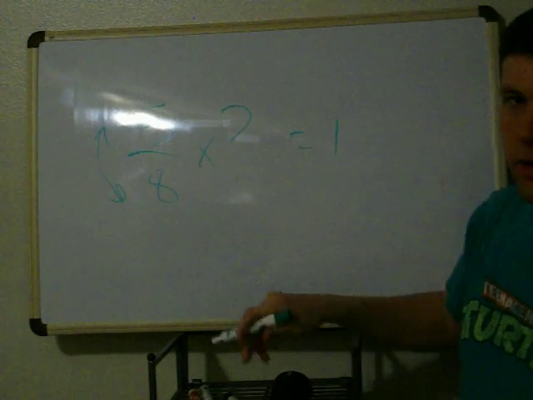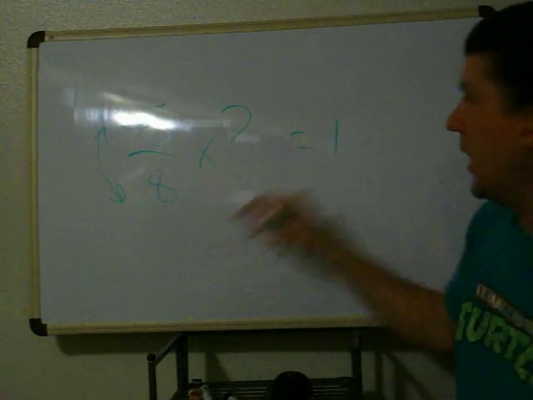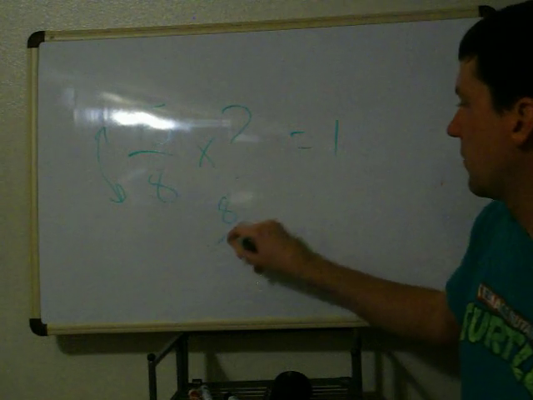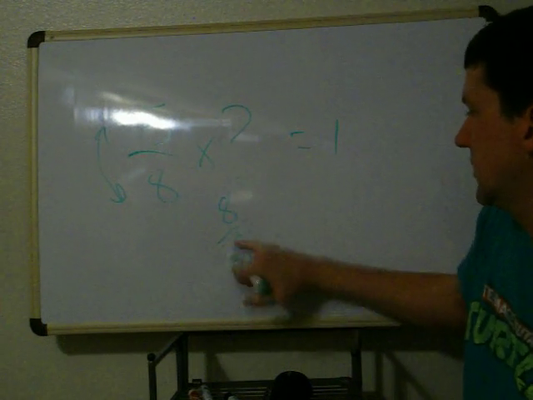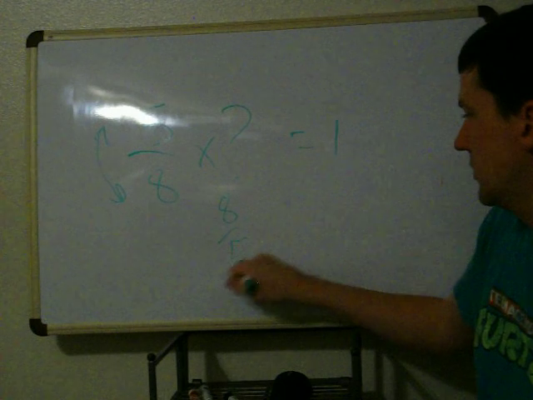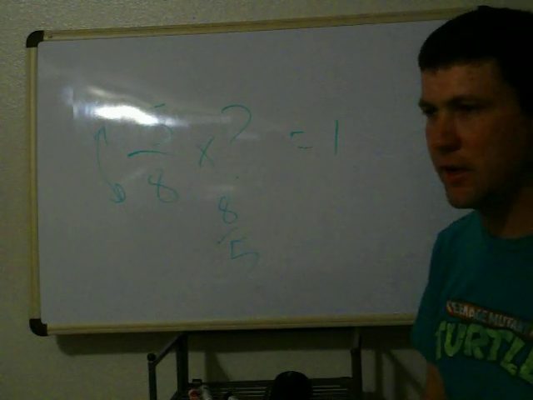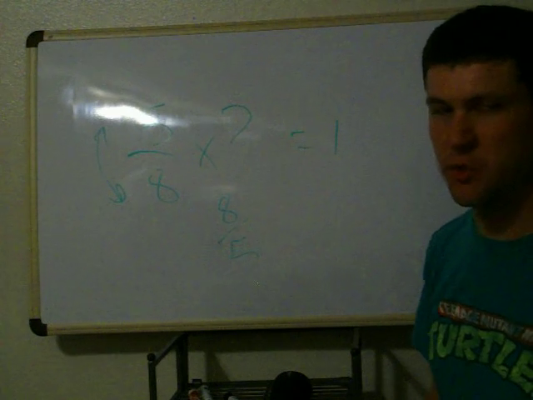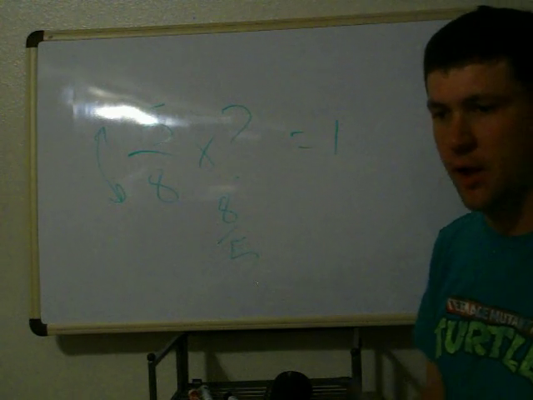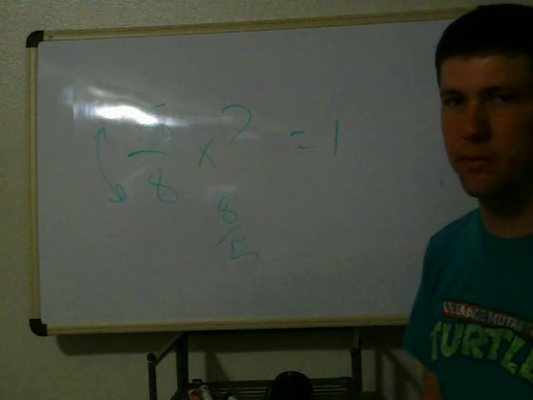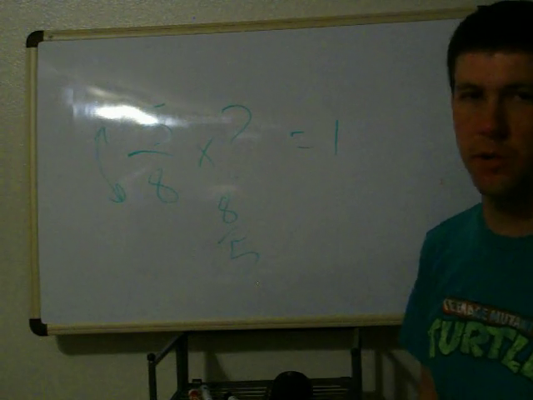The reciprocal of 5/8 is 8/5. It's a fairly easy thing to do: you just switch the numerator and the denominator. If you ever want to check it, just multiply it by the reciprocal and you should get 1.